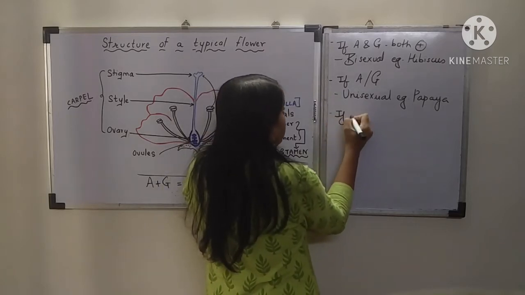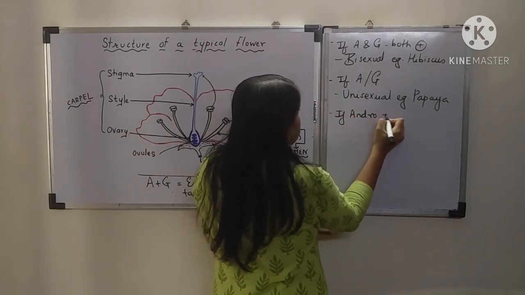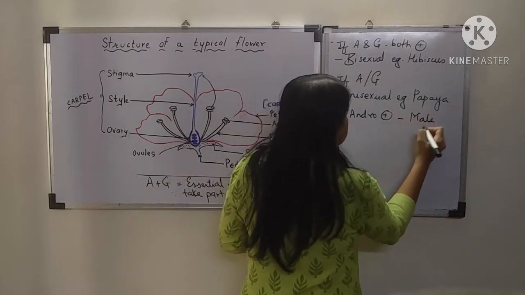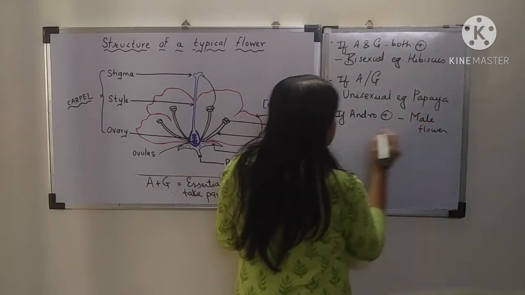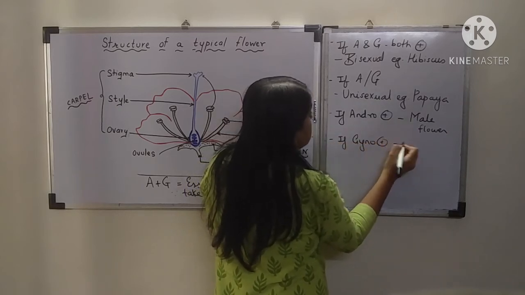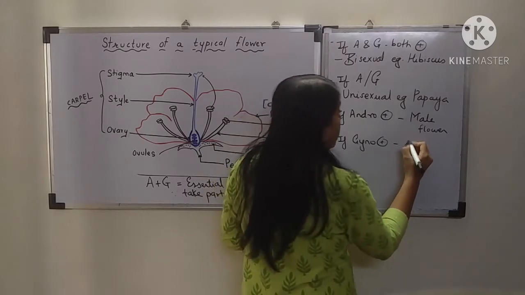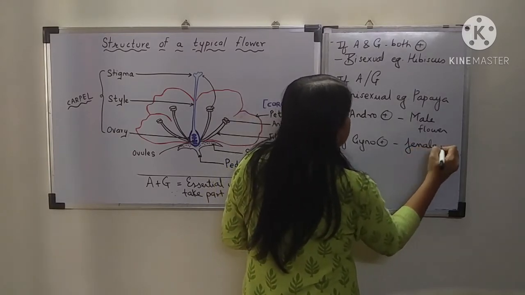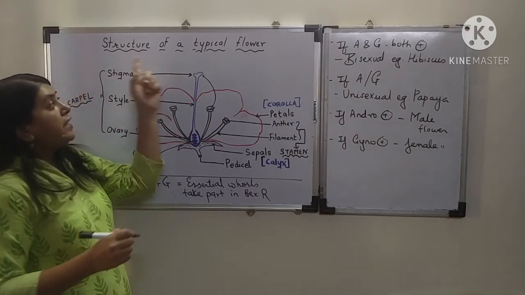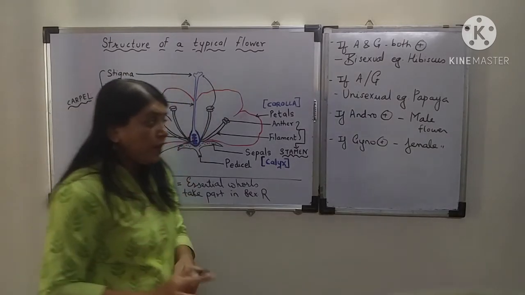If androecium is present, then it is called the male flower. If gynoecium is present, then it is called the female flower. So this is how you will explain the complete structure of a typical flower.